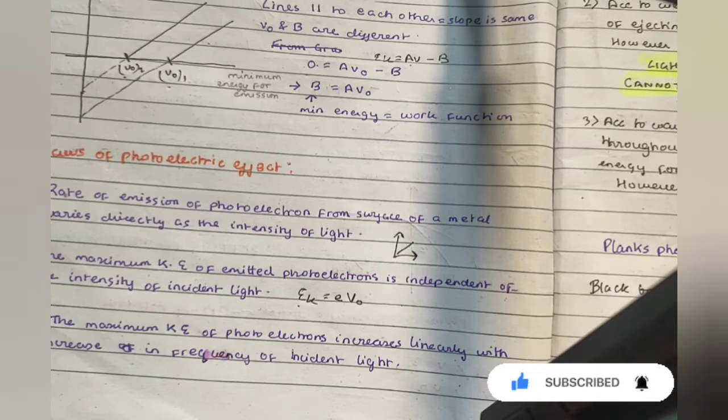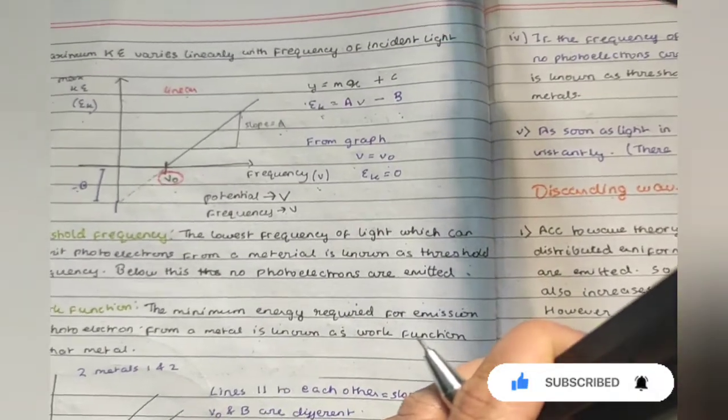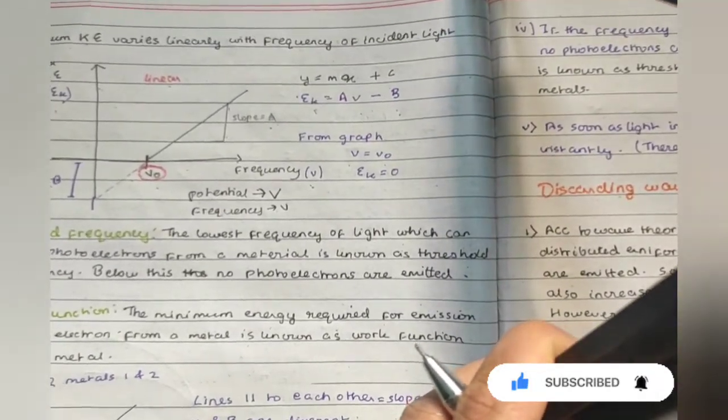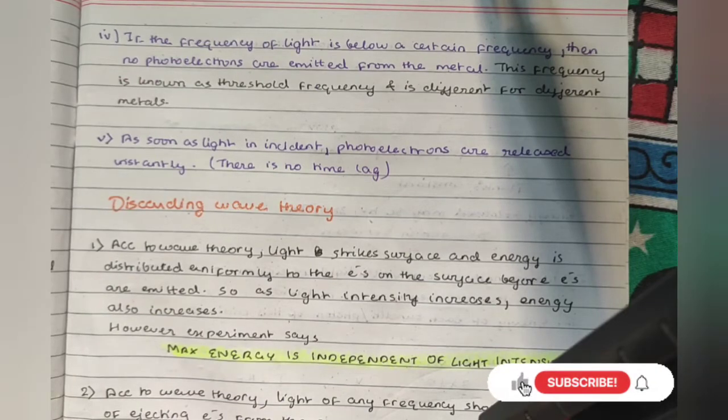The third law is that the maximum kinetic energy of photoelectrons increases linearly with the increase of frequency of incident light. So we saw from this graph that it increases linearly. The fourth law is that if the frequency of light is below a certain frequency, then no photoelectrons are emitted.